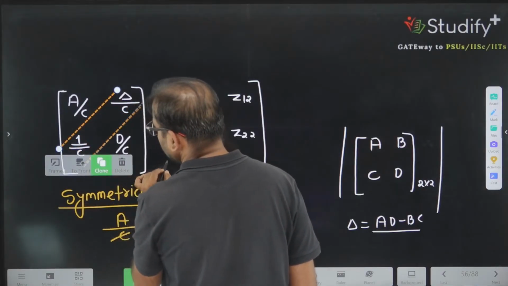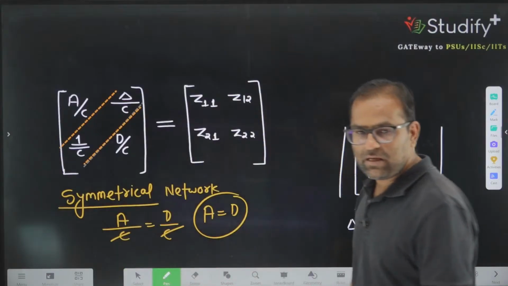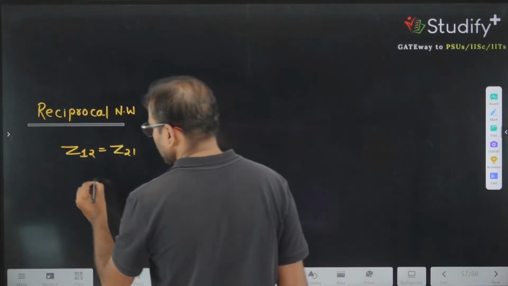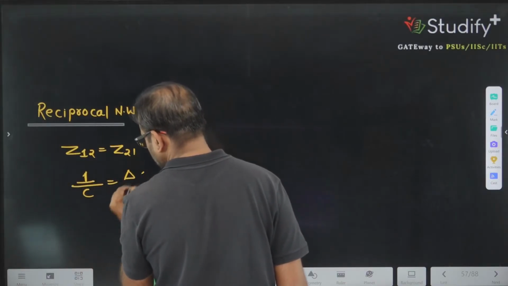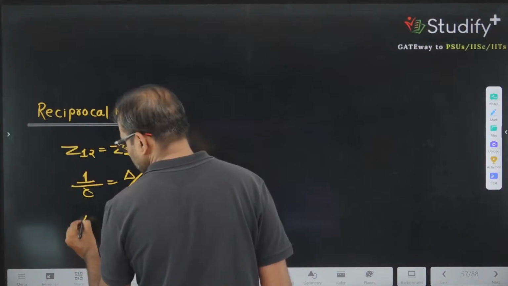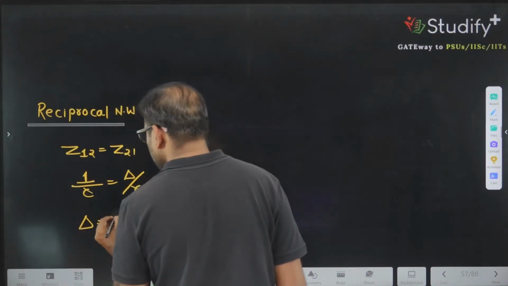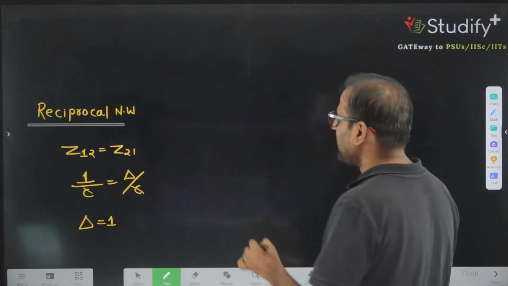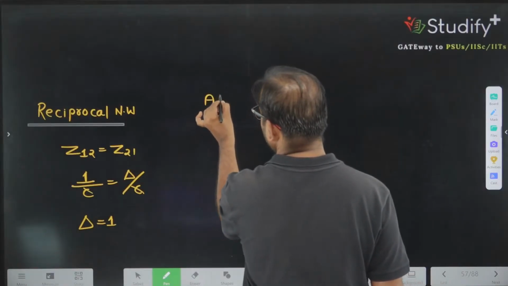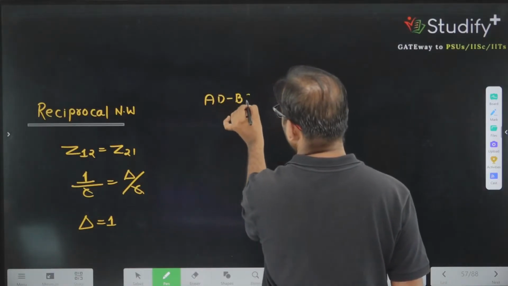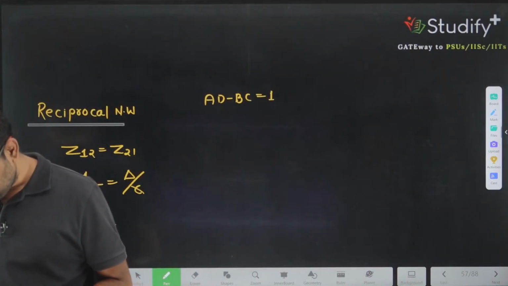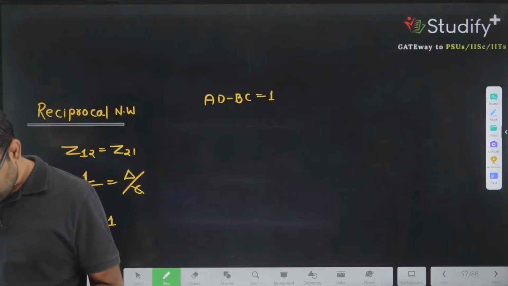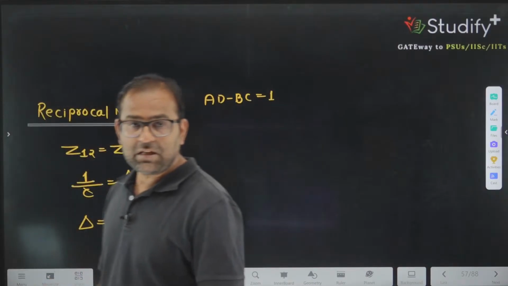So 1 by C equal to del by C. C and C cancel, del is equivalent to 1. And del represents the determinant, which is AD minus BC. So AD minus BC is equivalent to 1.